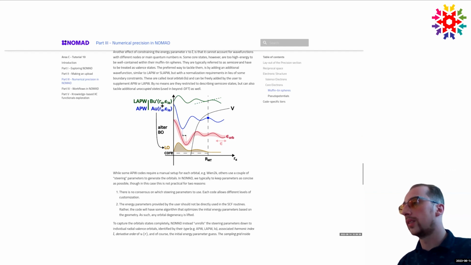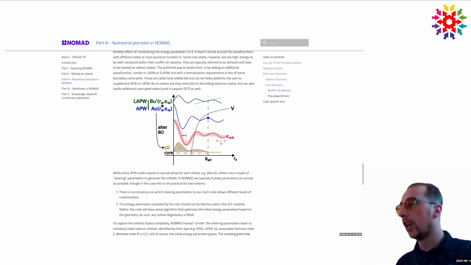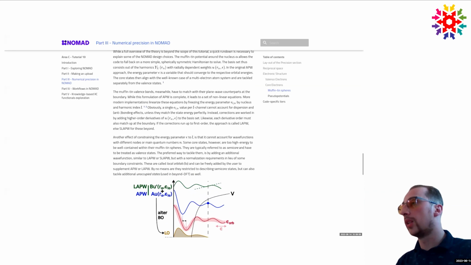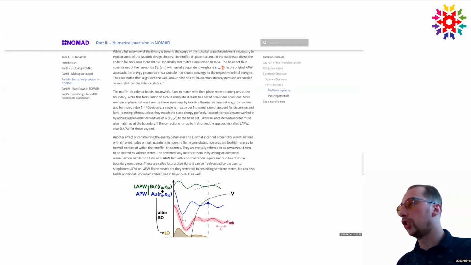However, on the valence side, you have to match with the plane waves outside. So you have some kind of coupling there, which prohibits you from simplifying it to that specific case. You can still use the spherical symmetry to your advantage and develop a basis set based on spherical harmonics, such as Bessel functions or the like, which then have weights that are defined radially varying, as you can see here, but they also are dependent on this energy parameter.